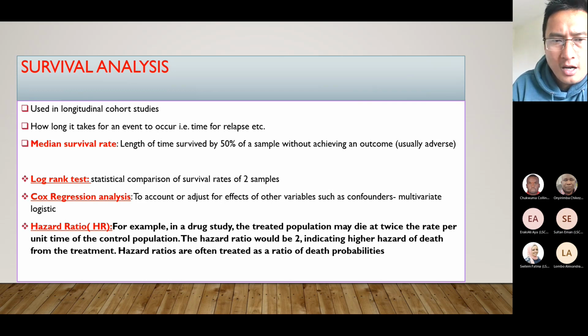You don't know from the graph what analysis they have used. We find it from the description given in the study. Looking at the graph, we cannot tell whether it's log rank, Cox regression, or hazard ratio.